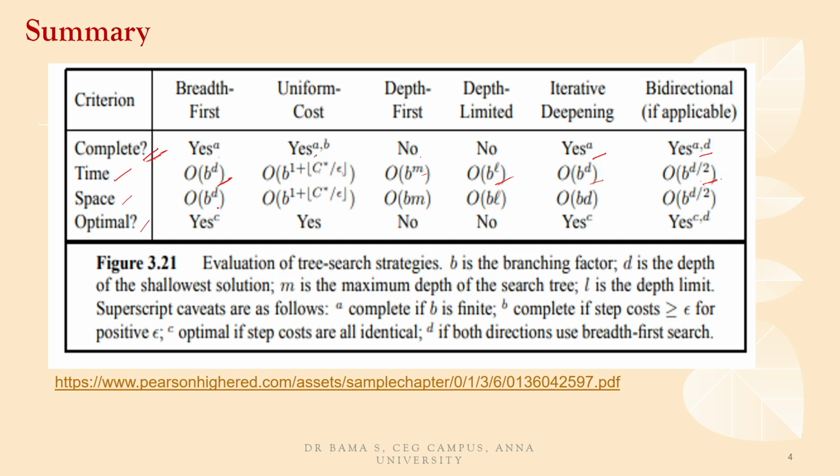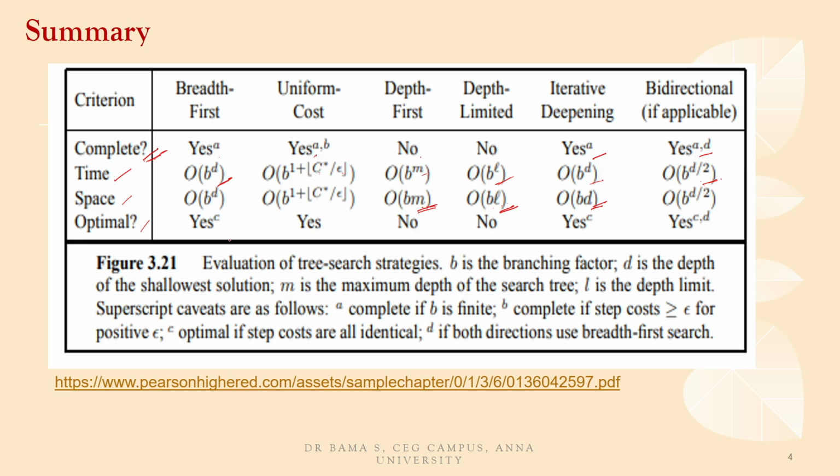The space complexity is also very similar, except for depth first search, depth limited and iterative deepening, where it is b m, just a multiplication, not exponential. The reason is that only that part of the search, the depth of that, can be stored in memory. So, that is why it is very small compared to breadth first search.